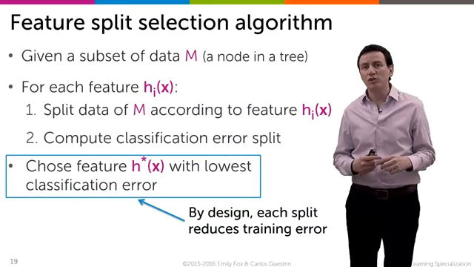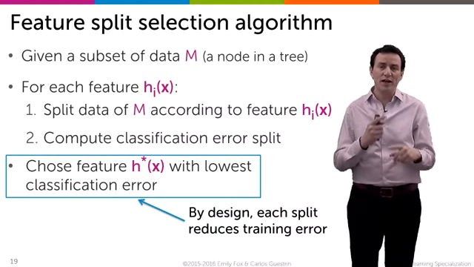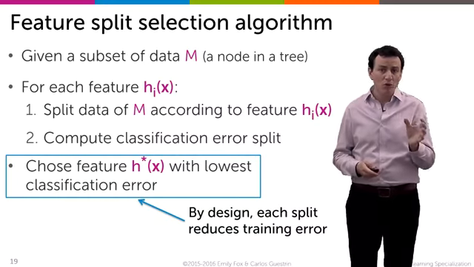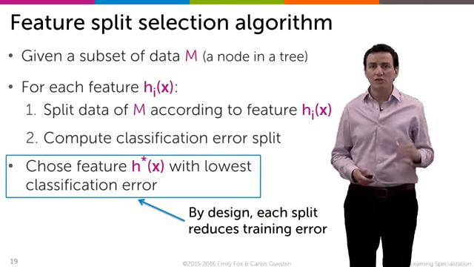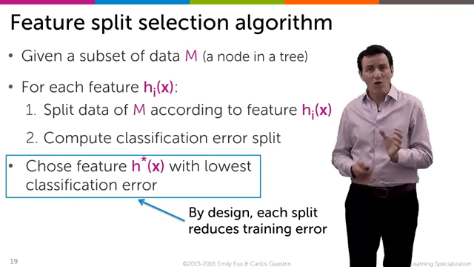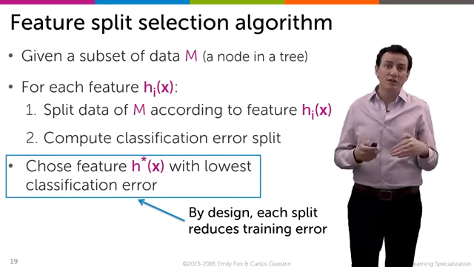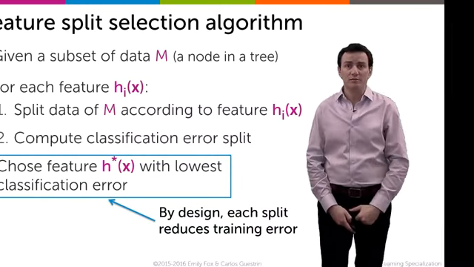Unless, of course, we get to some points where we can't drive the training error down because we run out of features to split on, or we have positive points on top of negative points. But that's kind of a side note. Most importantly, just remember the training error tends to go down, down, down. And that going down as we increase the depth is what leads to this low training error, which often leads to these very complex trees which are very prone to overfitting.